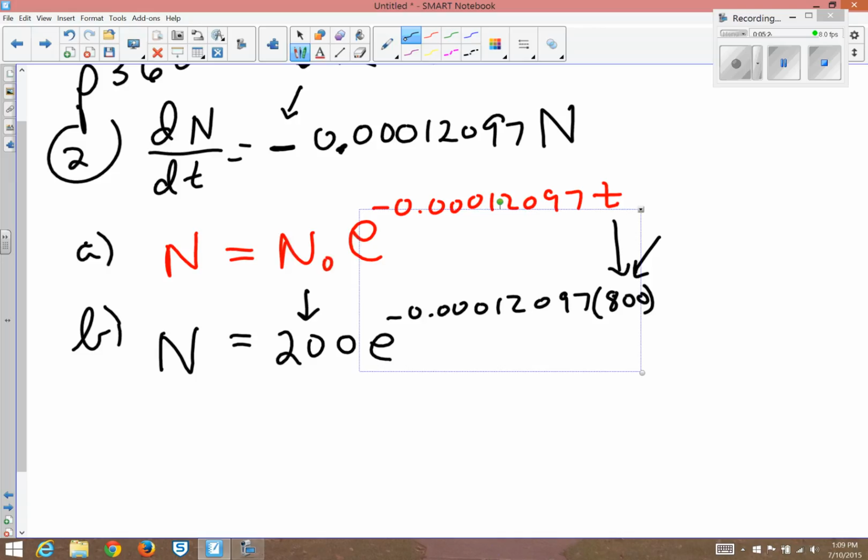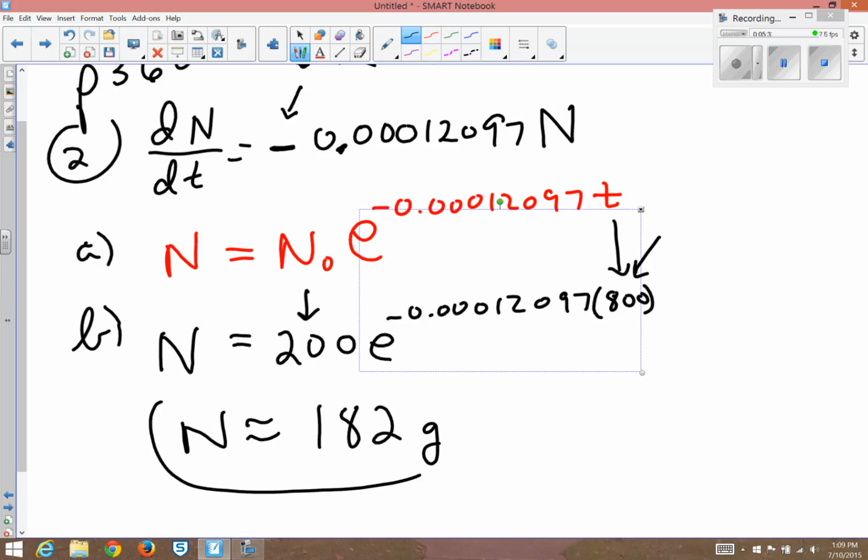And this comes out to be, N will be approximately 182 grams of carbon-14 after 800 years. This shows that carbon-14 decays very slowly. Of 200 grams, it took 800 years for it to decay to 182 grams.